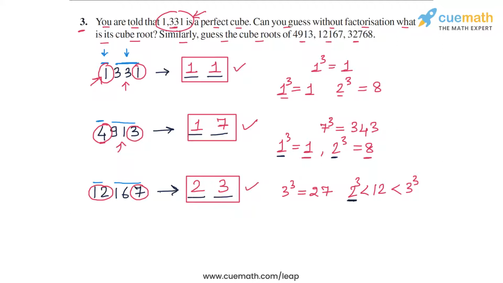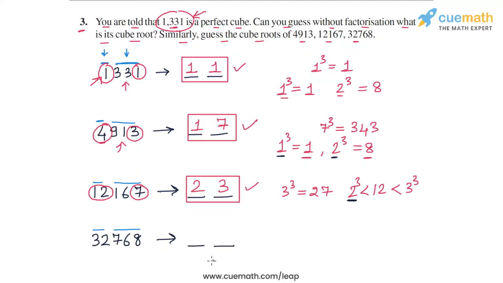And finally, let's go to the fourth number, which is 32,768. Once again, let's start by making groups of 3 digits. We have 768 and then 32, and now we have to figure out the 2 digits in the cube root.